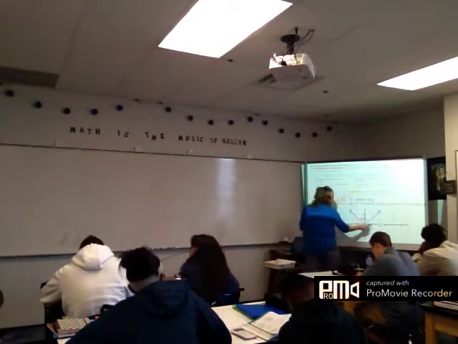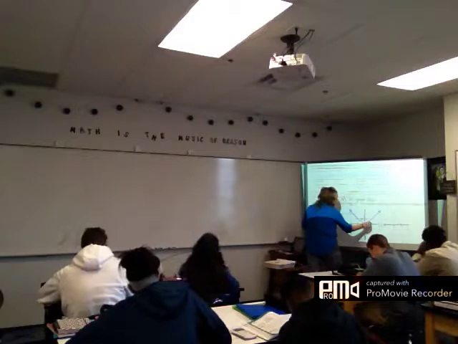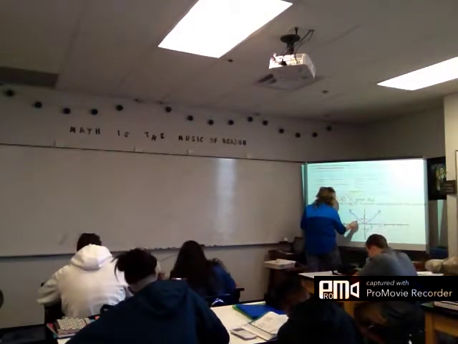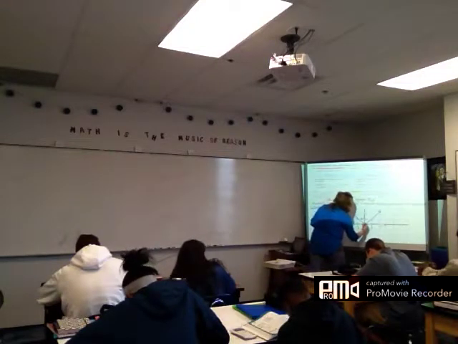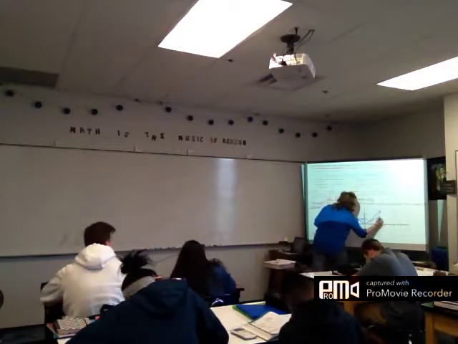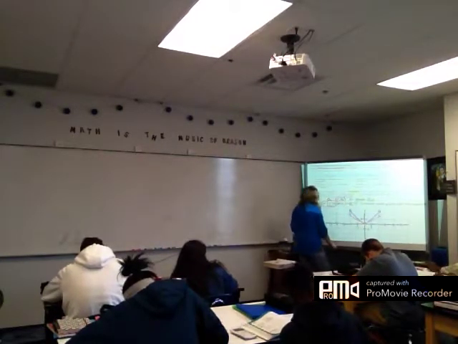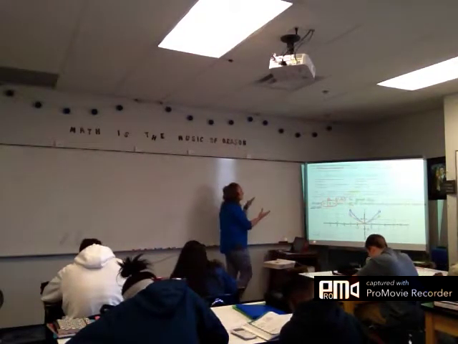So if I plug a 1 in, I get a half out, which means my graph goes here and my graph goes here. Now, this graph should be shorter and fatter. Is it? It's getting wider. Okay? It's shorter and fatter.